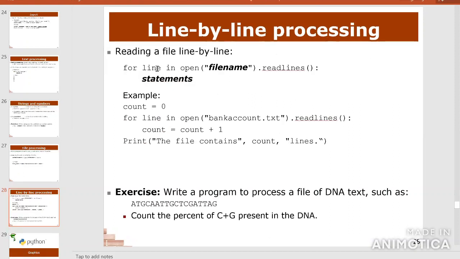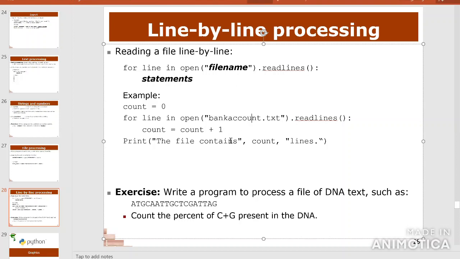All right, so this is an example. You see reading a file line by line. You see, for line in open this file dot readlines. This function makes sure that you read the file line by line, and then you do something. For this one, you want to count how many accounts you have.